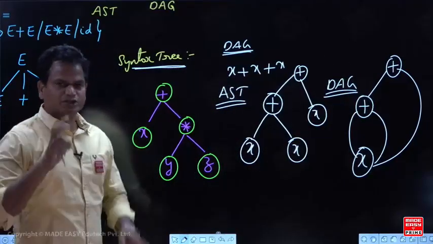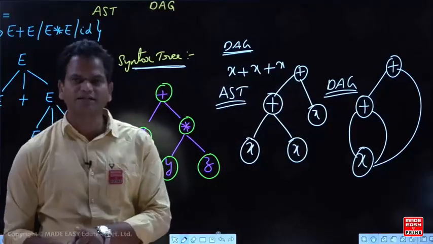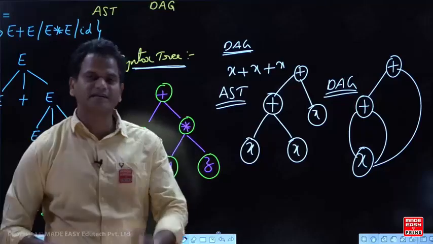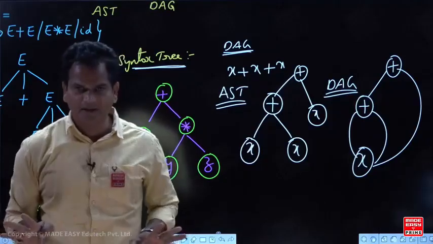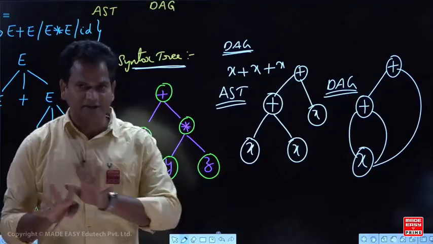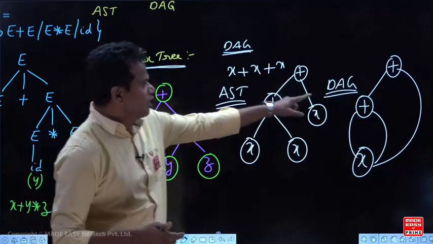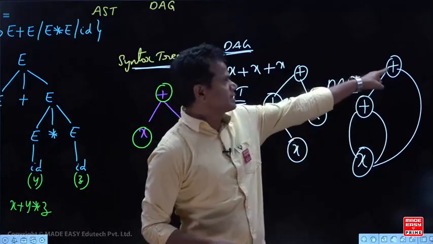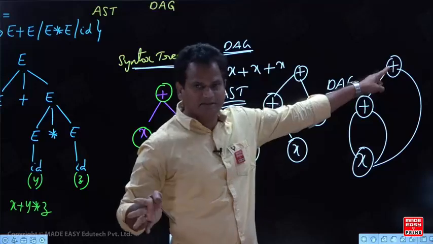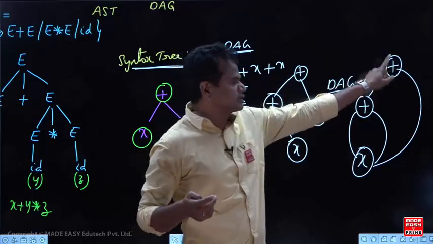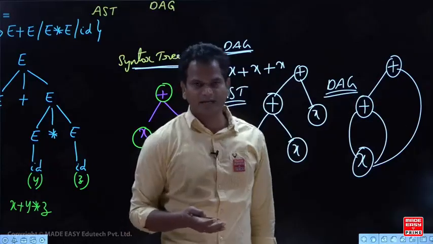So in a DAG, a node once created, we will make use of as long as you need. That is for leaves, constants or variables, not the operators.